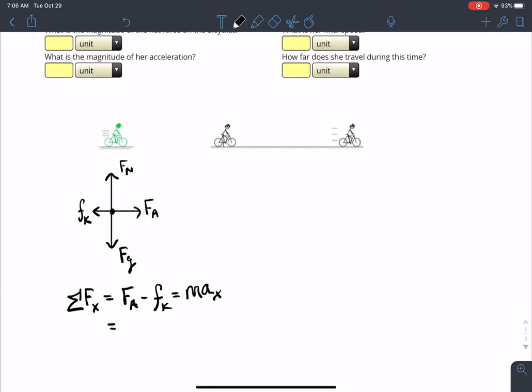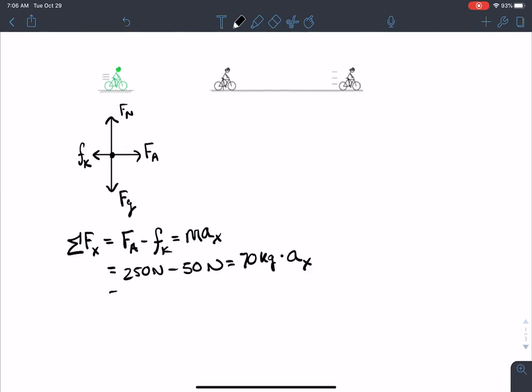We can then plug in some numbers. We're told that the force applied is 250 newtons minus the 50 newtons of drag equals the mass of the system, and her mass is 70 kilograms, times the acceleration in the x direction.